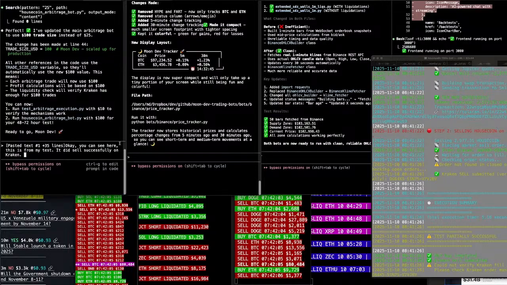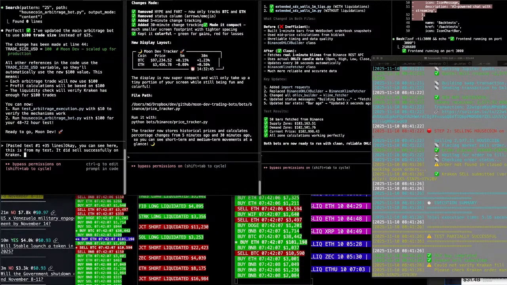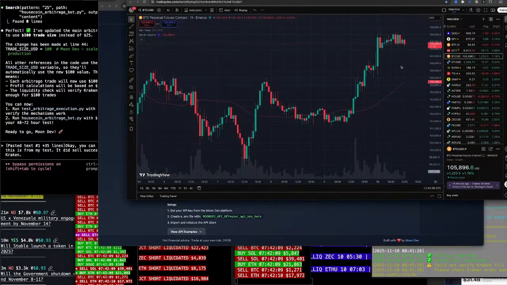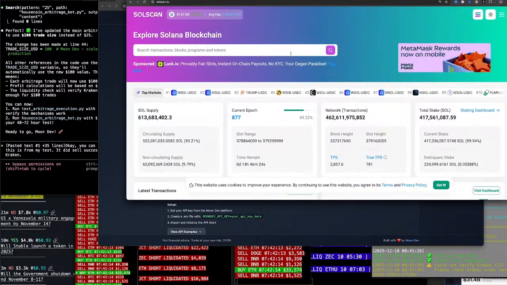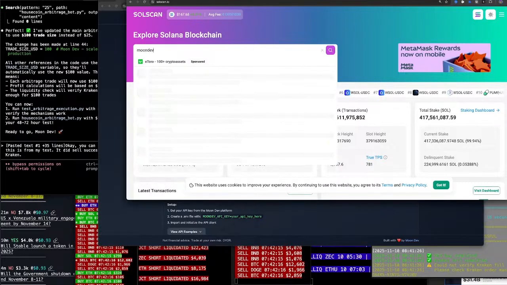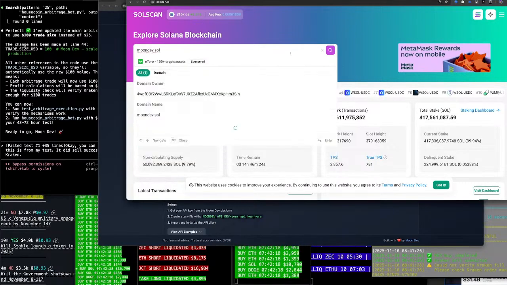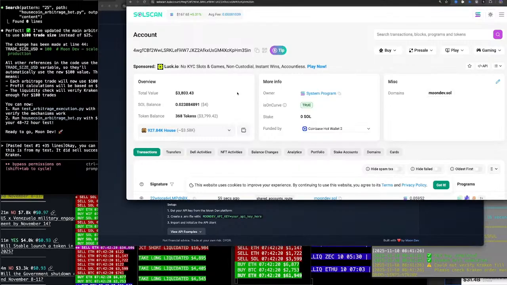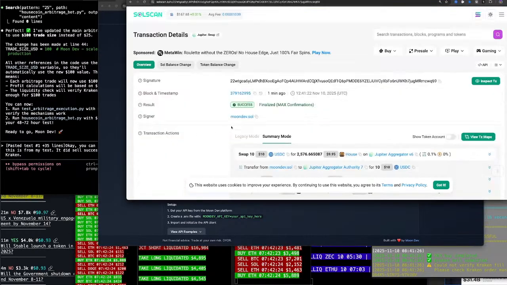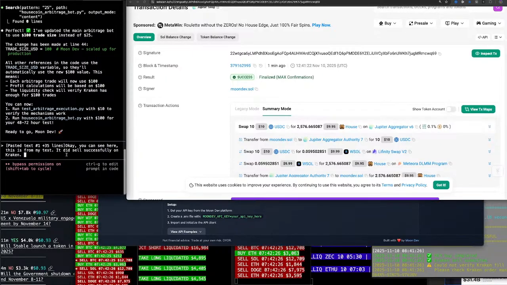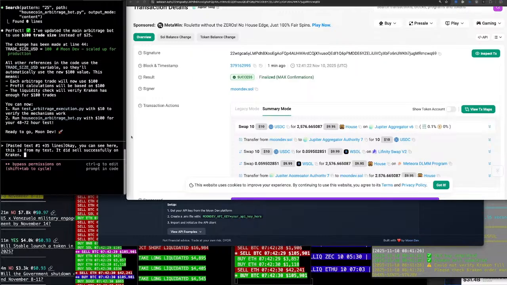Okay, did it buy though? Let's see. Let's go over here to Solscan. Let's go to Moondev. That's Sol. 59 seconds ago. Did it buy? Yep.